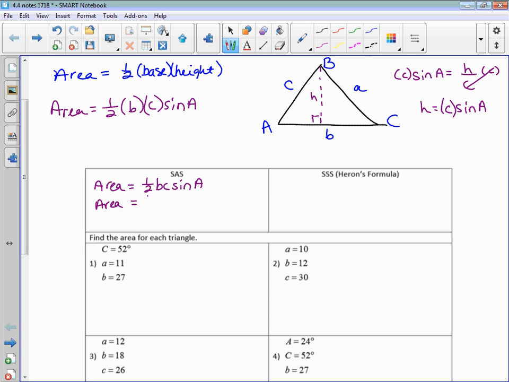Yeah, so it's going to be 1/2 AC sine of B. What do you think the last version is going to be? Okay, 1/2 AB. Again, 3 formulas, but if you know one, you know the rest.